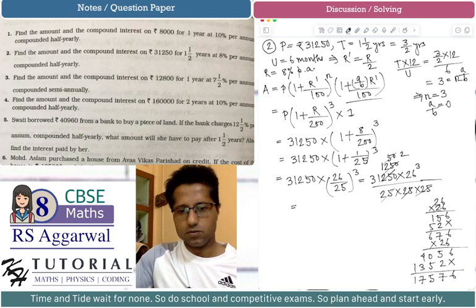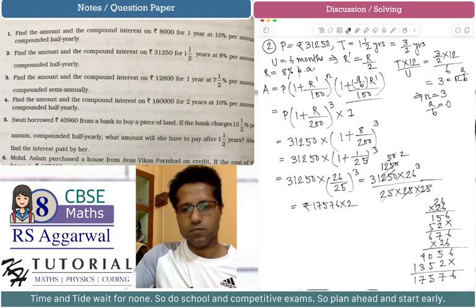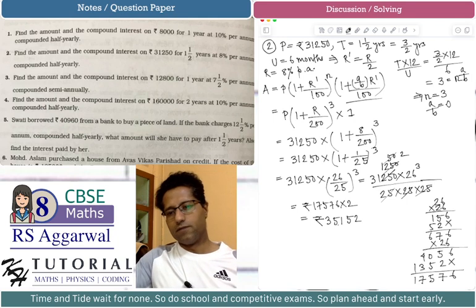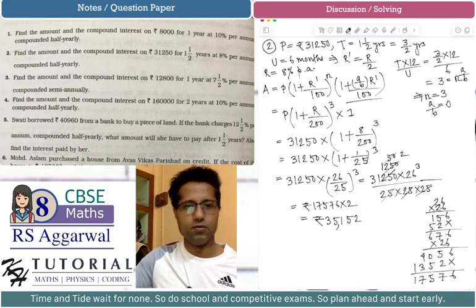Okay, so this is rupees 17,576 multiplied by 2. This is equal to 35,152 is the amount.